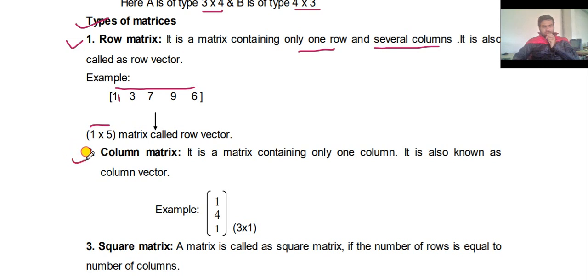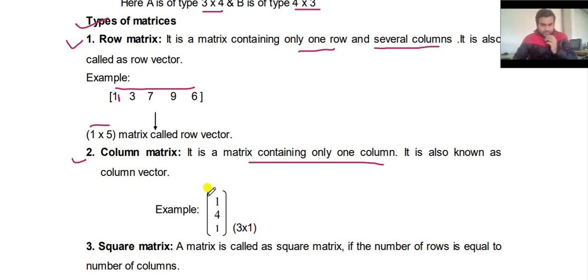Because it has only one row, that's why it is called row matrix. Second is column matrix. So the column matrix has only one column, while the number of rows may vary. Okay. So that matrix that has only one column and number of rows may be several, that type of matrix is called column matrix.